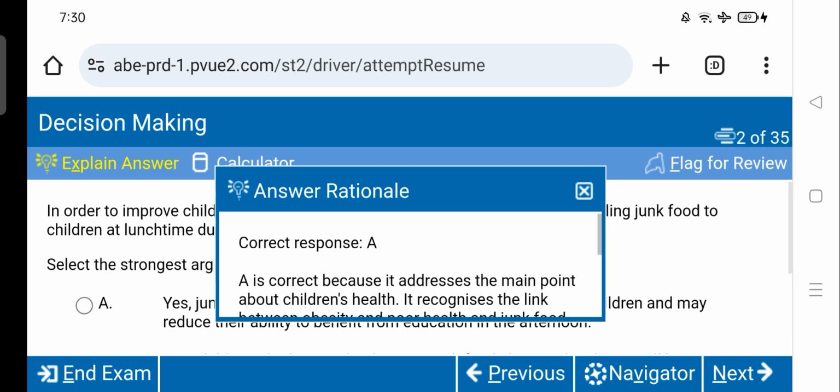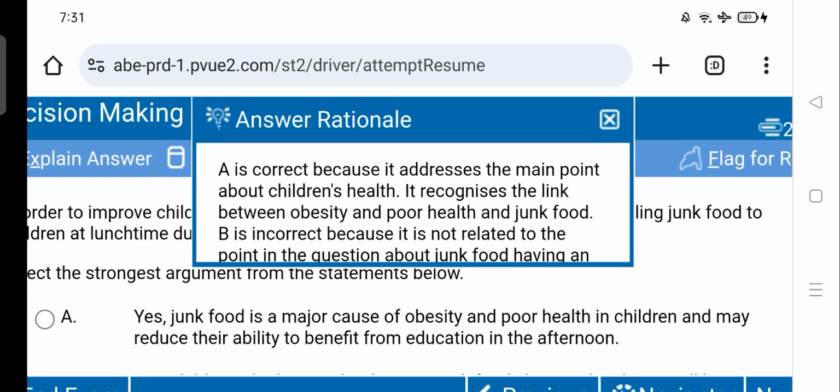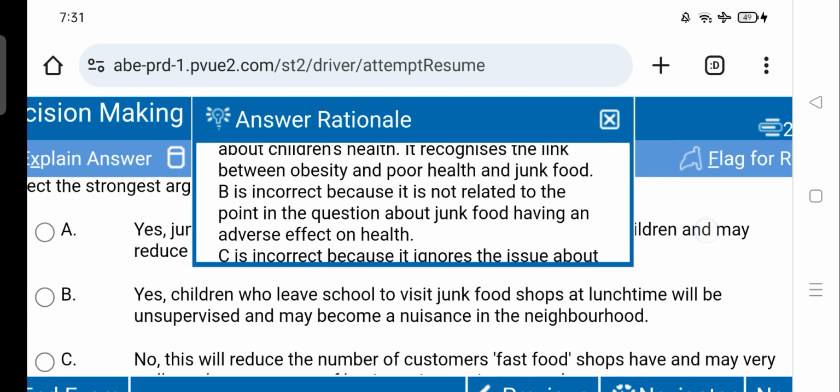So here option A is correct because it addresses the main point about children's health. It recognizes the link between obesity, poor health and junk food. B is incorrect because it is not related to the point in the question about junk food having an adverse effect on health.